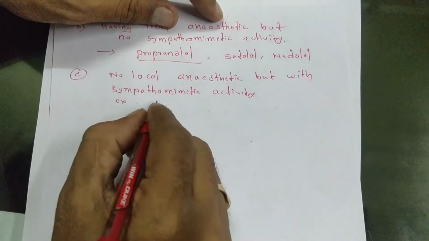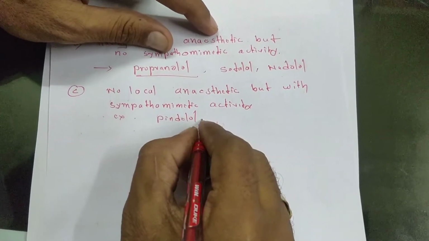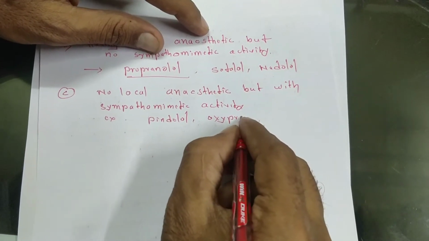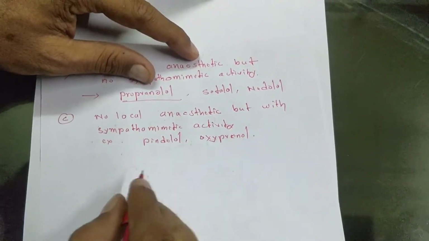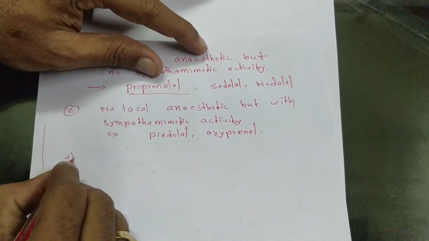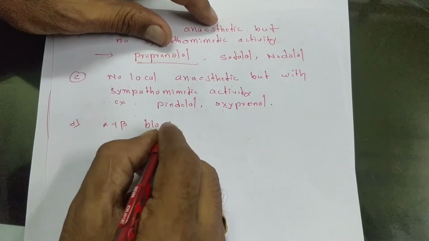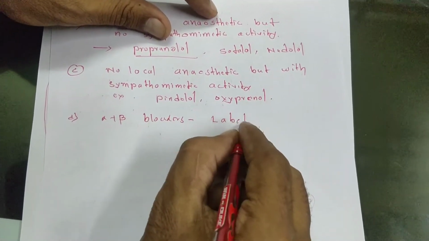Example, pindolol, oxprenolol. And D, alpha and beta blocker, labetalol.